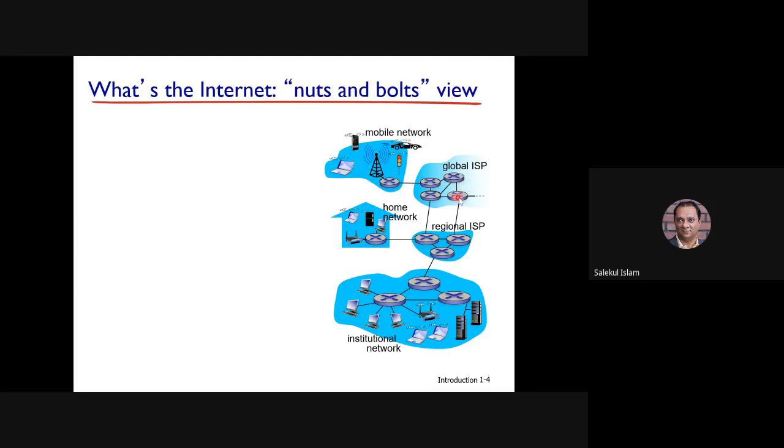Maybe that global ISP is connected with another bigger ISP, and hopping from one ISP to another, eventually you are connected with your friends or some server. So the whole internet is a connection of thousands, maybe millions, I don't know the exact number, of ISP networks.